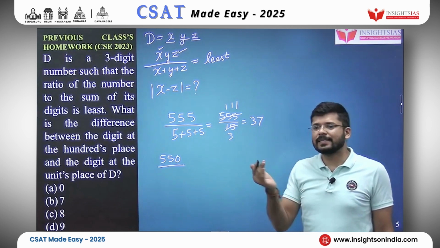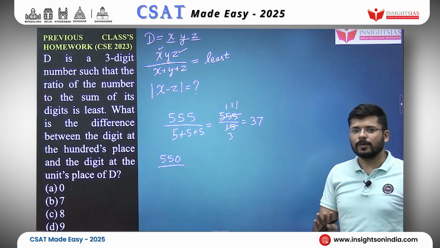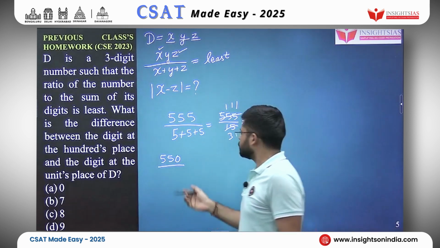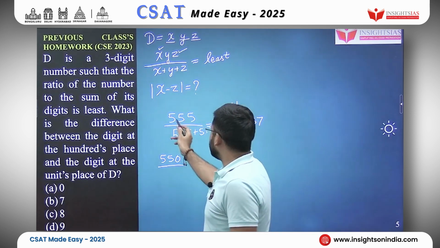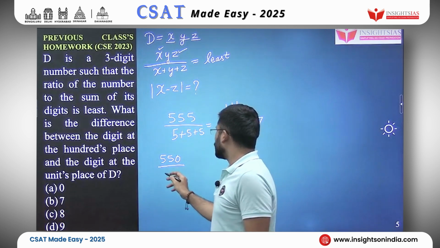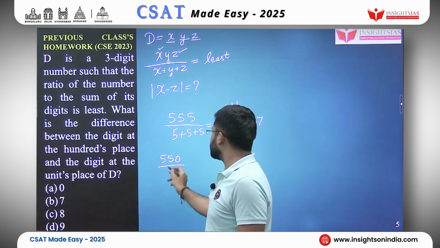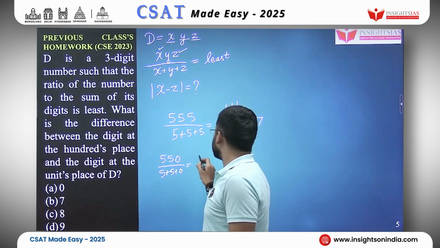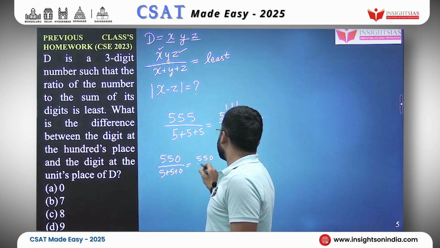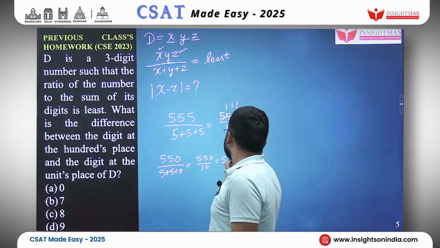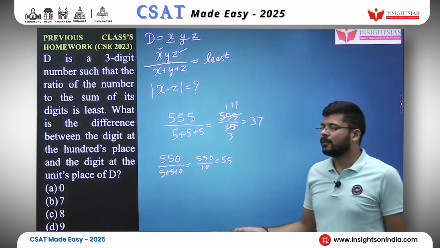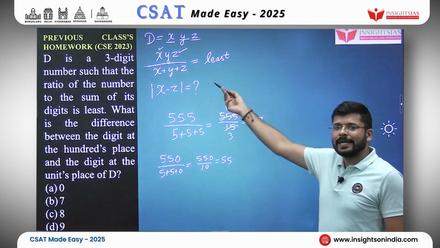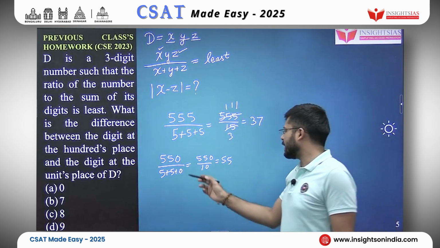If raising it decreases the ratio, then we'll keep it that way. What do I mean by this? Let's see. If we change the units place to 0, then what will the ratio be? The ratio would be 550 divided by 5 plus 5 plus 0, that would be 550 divided by 10, that would be 55. So the ratio actually increased. So we needed to actually increase this digit. So we'll try that one also.